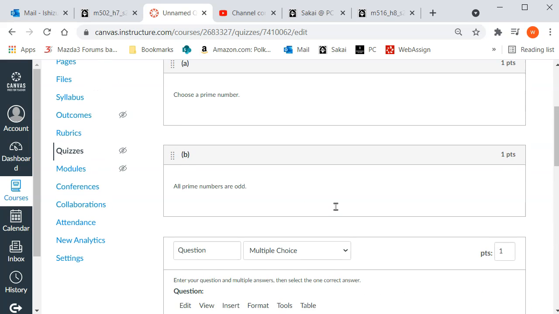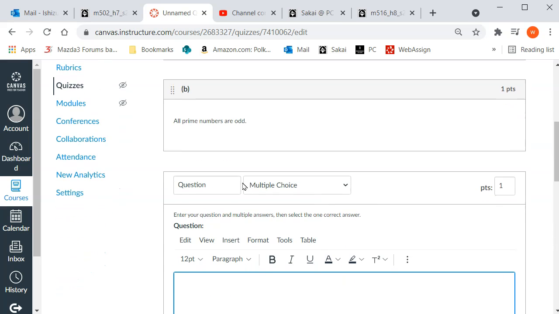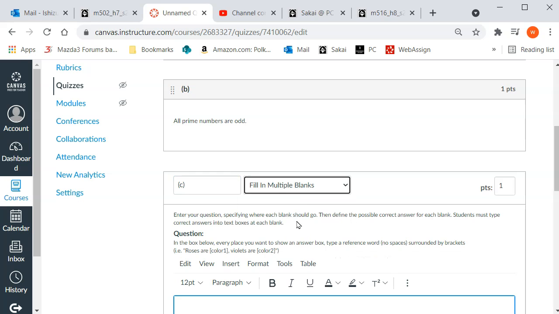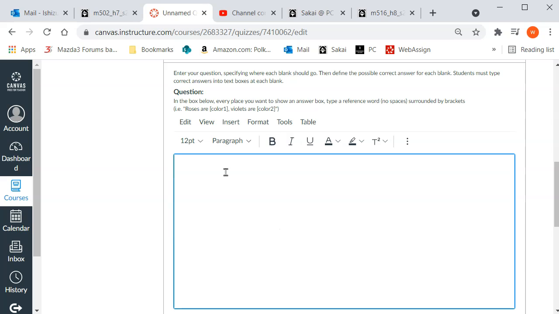Then we have next one. Let's see, call this guy part C. Next one is fill in multiple blanks. So I'm going to say something like find an equation of the tangent line to the graph of, say, so I have to put an equation here.